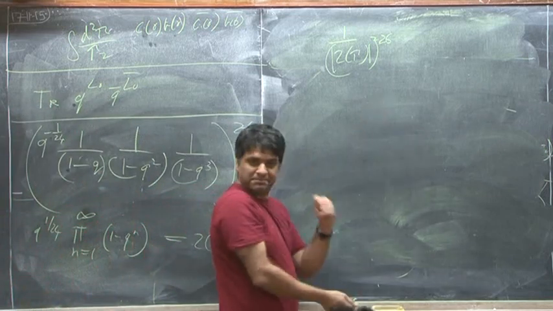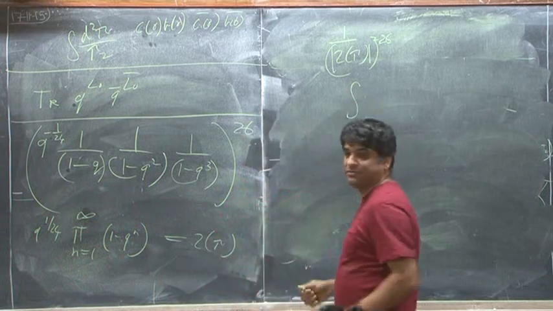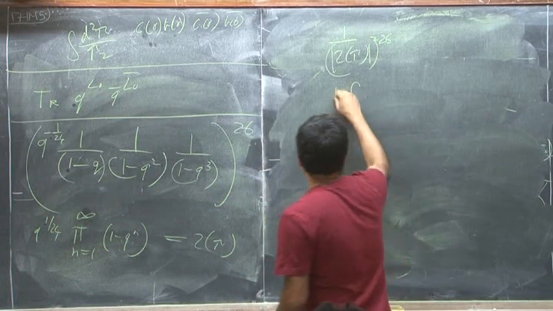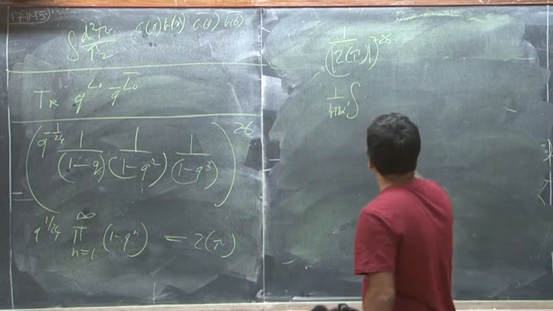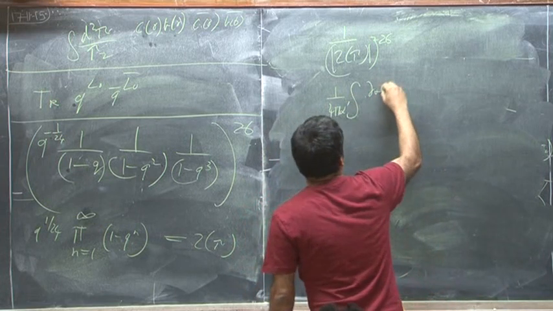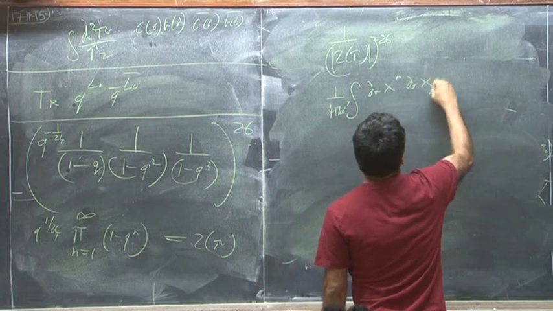The zero mode action was, so what was the action for the string? It was 1 by 4 pi ∂σ x^μ ∂σ x^μ.